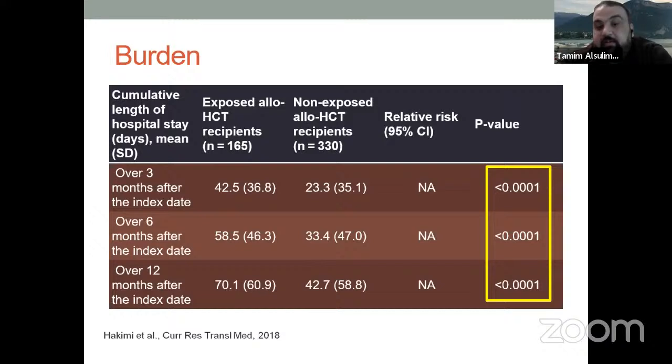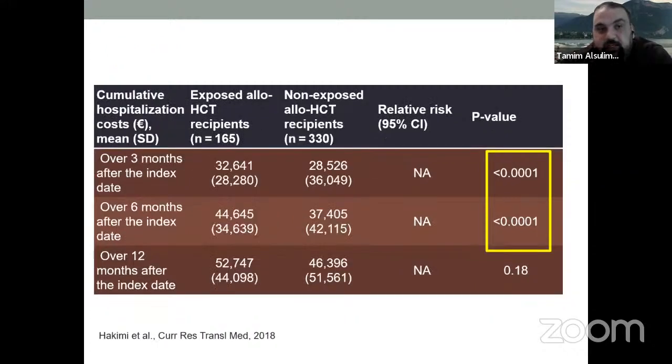For over 6 months we have significant results, and over 12 months we also have a significant difference between the exposed and non-exposed patients.